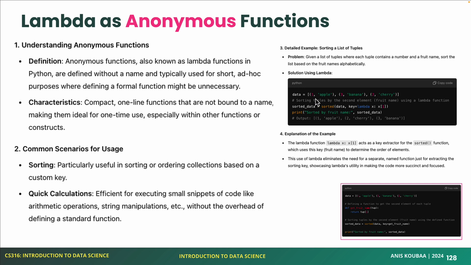For example, imagine that you have data like this, which is a list of tuples. Every tuple has an ID and a string that represents the name of the item. Now, if you would like to sort this data, look, 1, 3, 2, I want to organize them 1, 2, 3. So here we can use a lambda expression by applying sorted on data.